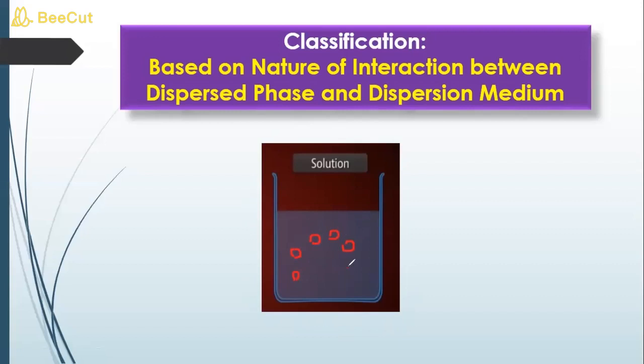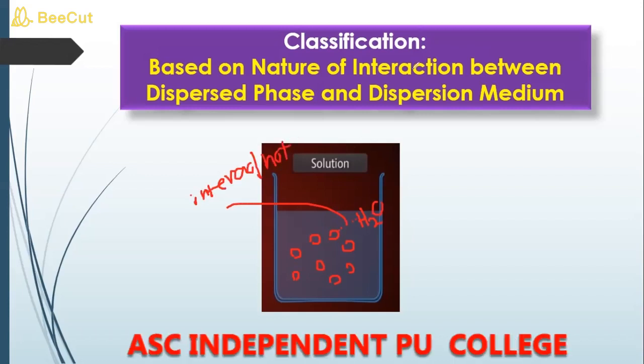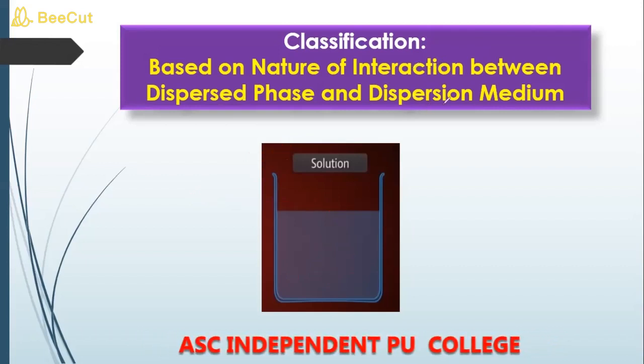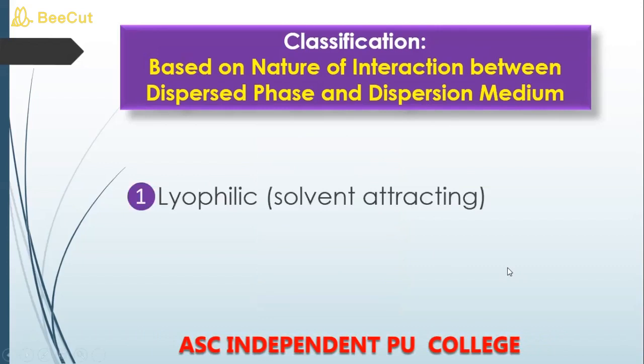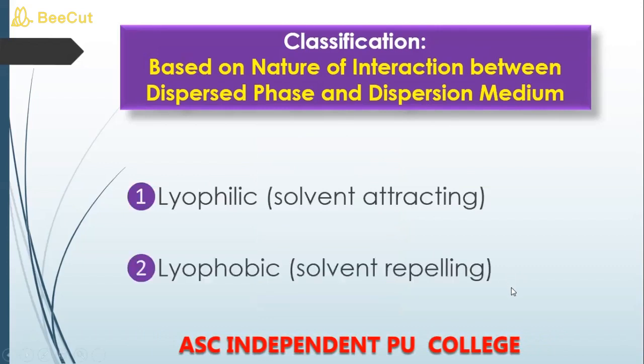Now, this classification concentrates on whether the water as dispersion medium and the colloidal particles as dispersed phase interact or not. Based on this key factor, colloids are further classified into two types: lyophilic colloid and lyophobic colloid.